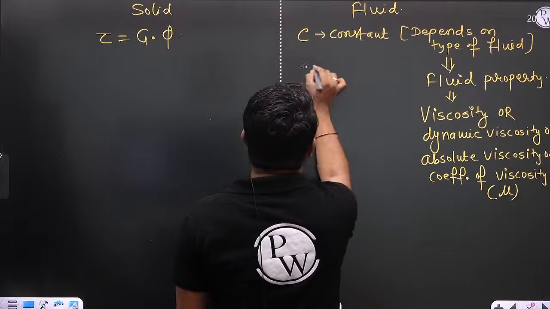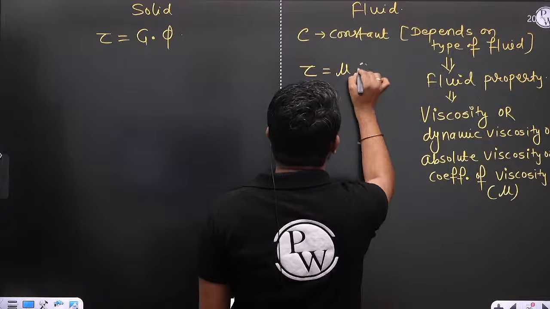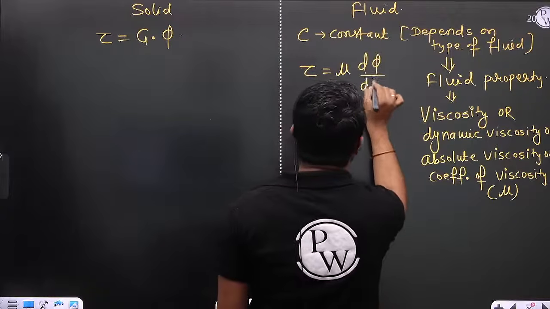So we can say tau is equal to mu d phi by dt.